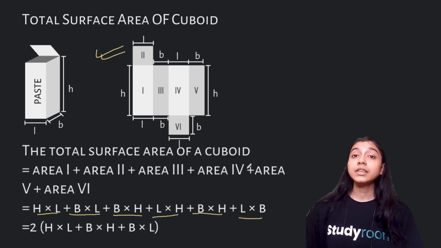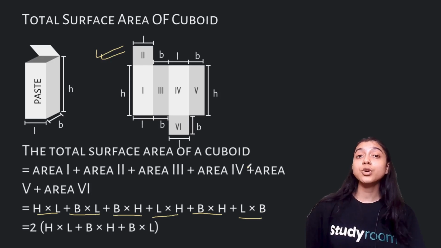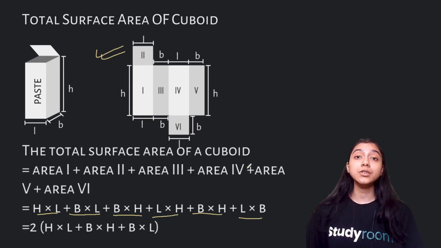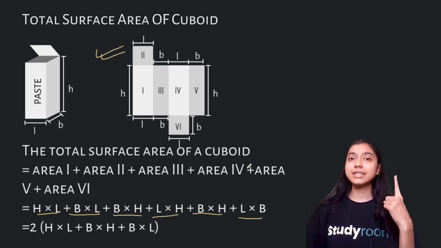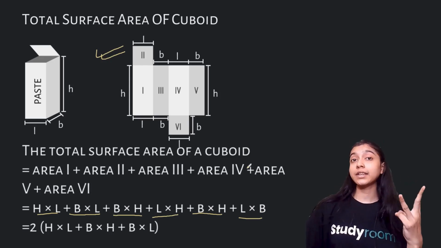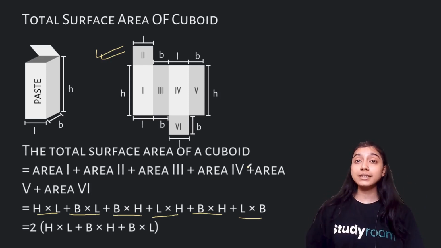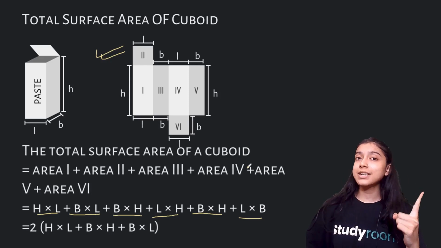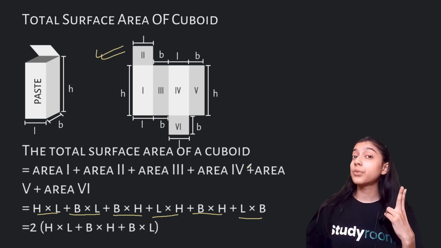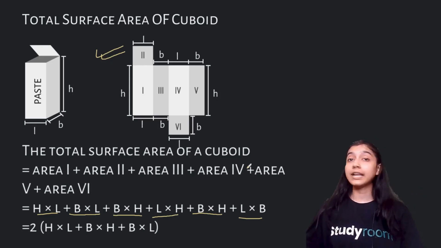So we can see that there are 3 pairs of identical faces. We have in total 3 combinations: length breadth, breadth height, length height. And each of these combinations occurs twice. So we have 2 times length into breadth, 2 times breadth into height and 2 times length into height.